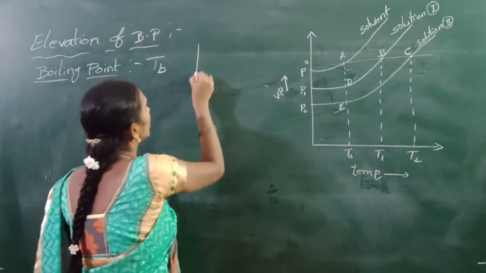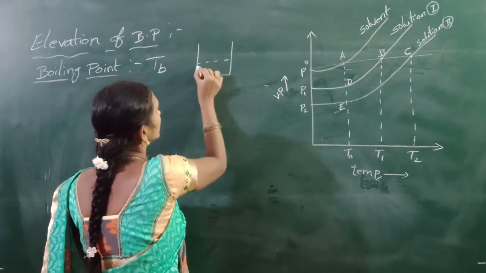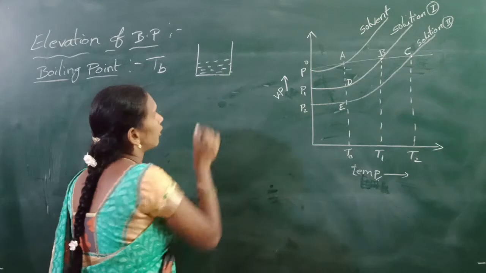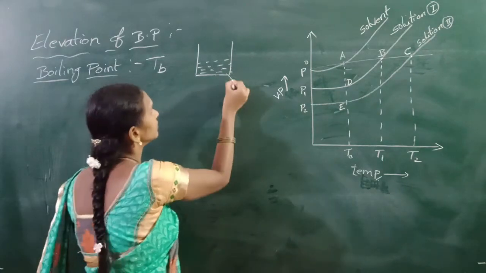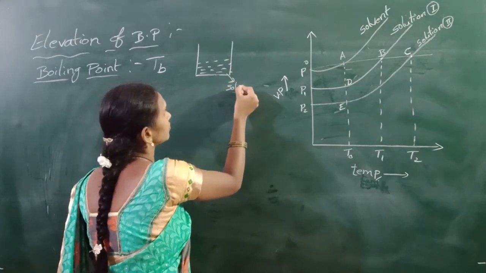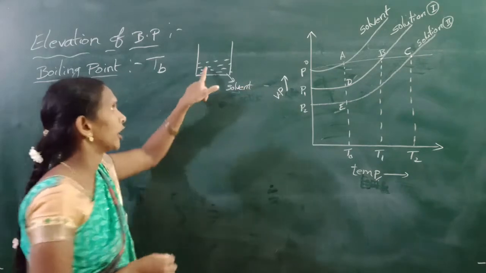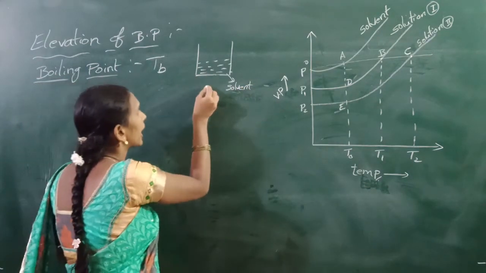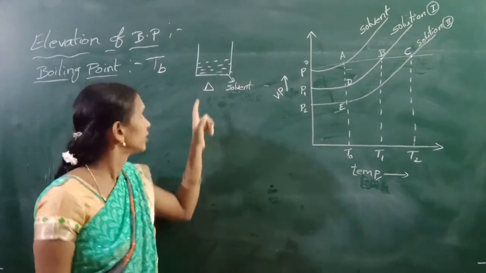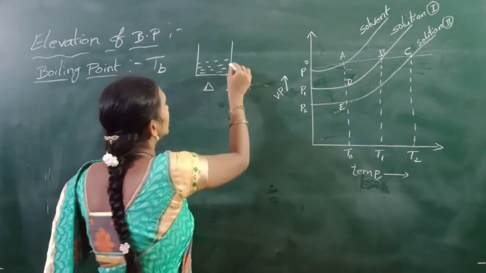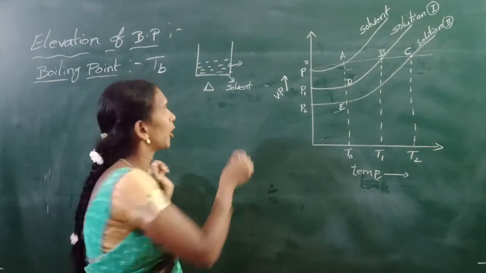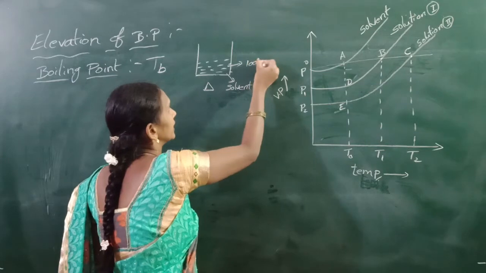For example, we can take water. Water is a solvent. We apply heat. The boiling point of water is 100 degrees centigrade.